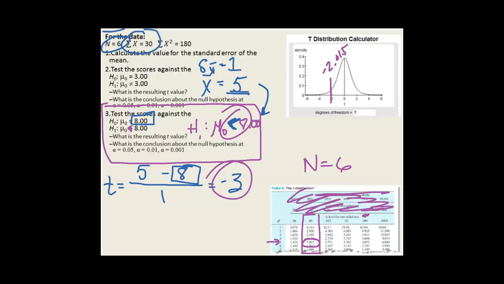Okay. And I can see that, yes, indeed, my value of -3 is well within the rejection range.